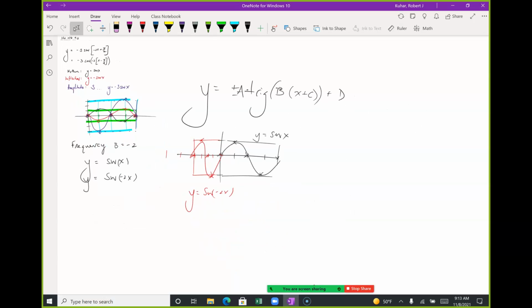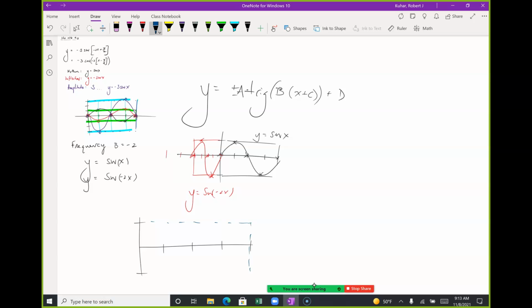I don't think it's quite clear to me what the frequency does. Could you explain it again? Sure. So frequency is the number of times the curve is repeated inside of 2 pi.